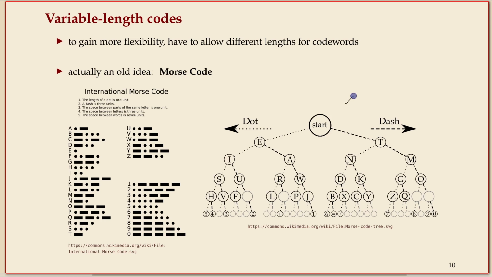Because we talked about tries last week, you should be familiar with reading tries. What I did here was I put the letters that these correspond to in the internal nodes. That's a clear signal that there's something dangerous going on. If I just see one dot, how do I know whether that's an E or the beginning of an A or one of these others? So I really need this third character that tells me stop right here.